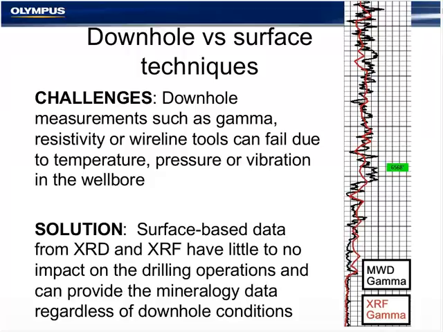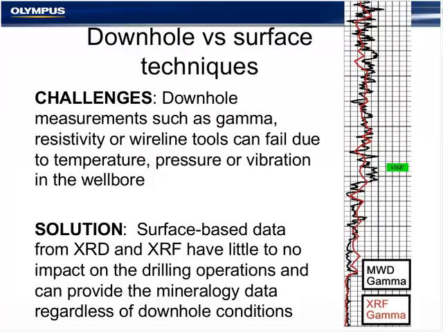XRD and XRF can be logged at the same rate that matches most downhole collection reporting at typical drilling rates. When gamma becomes insignificant or tools fail, knowing the mineralogy can assist in calling tops, recognizing the formations, and staying in the pay zone.